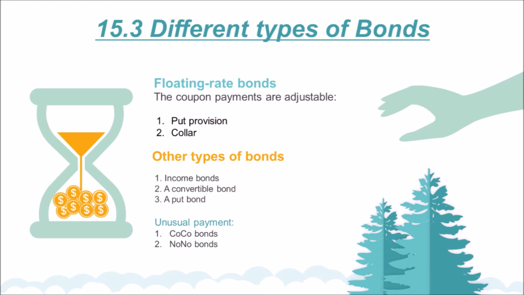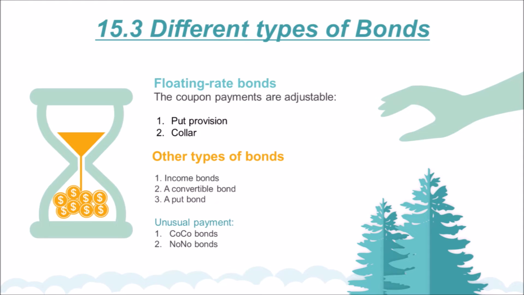We have other types of bonds. Income bonds are similar to conventional bonds except that the coupon payments are dependent on income. The convertible bond can be swapped for a fixed number of shares of stock anytime before maturity at the holder's option. And we have a put bond, which allows the holder to force the issuer to buy the bond back at a stated price.